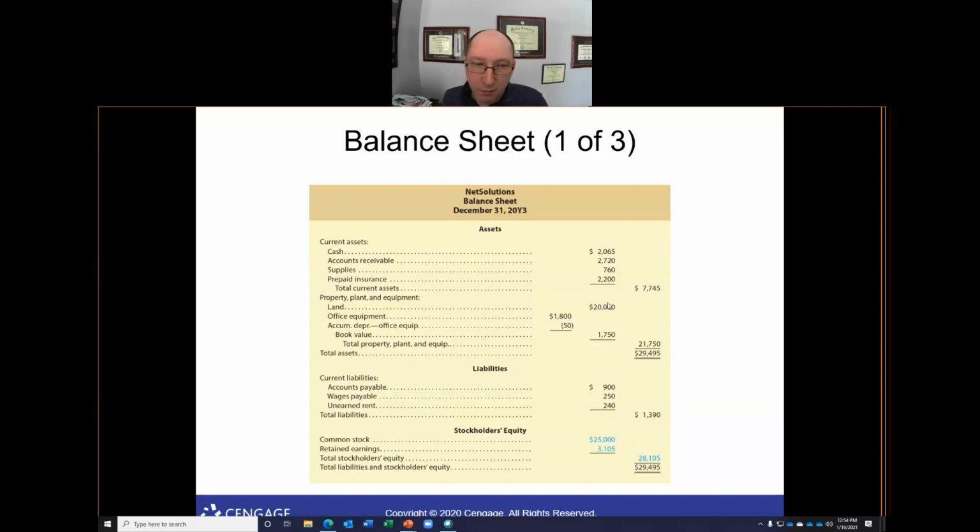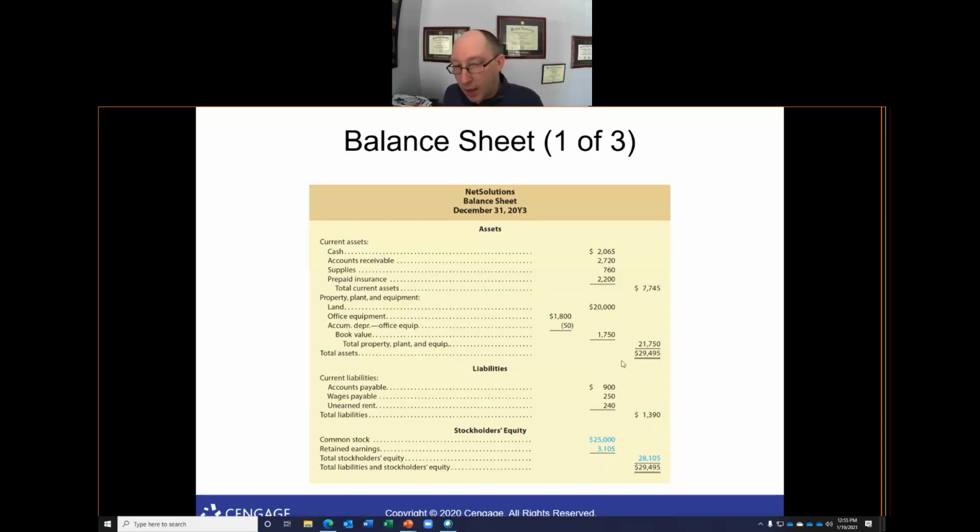So land plus office equipment, $1,750, equals total property, plant, and equipment. To get your total assets, you take your total current assets plus your total property, plant, and equipment, also known as fixed assets, to get your total assets. In this example, $29,495.